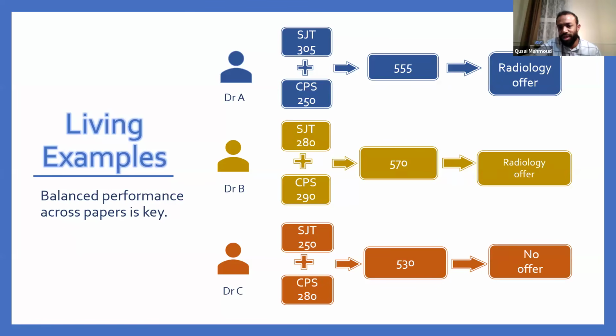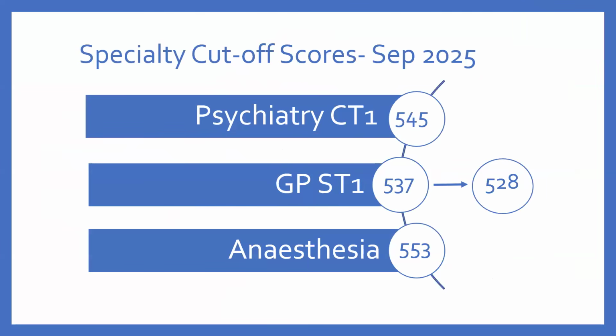What I'm trying to say is, if you are aiming for radiology, anesthesia, or ophthalmology, you need to excel in clinical and be at the average of the SJT. If you do better in SJT by scoring 270, like Dr. Mihad, for example, that would be even better and easier for you in the clinical part. Does anyone have any question?